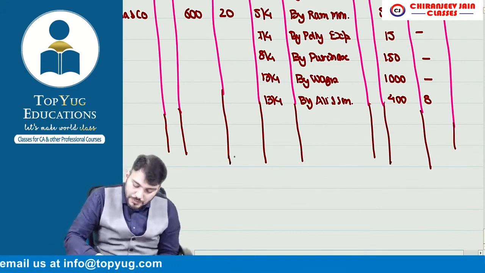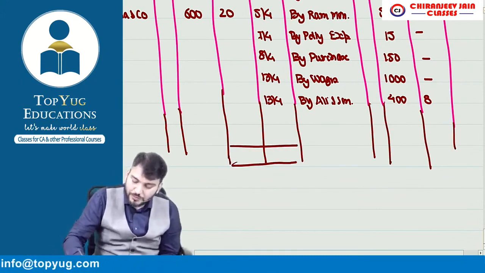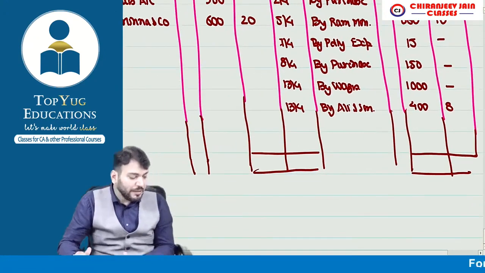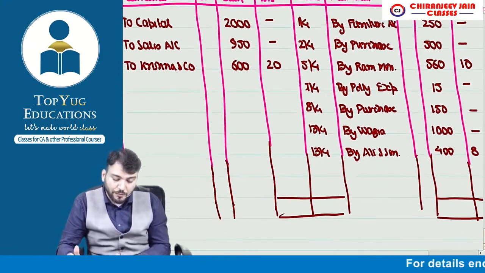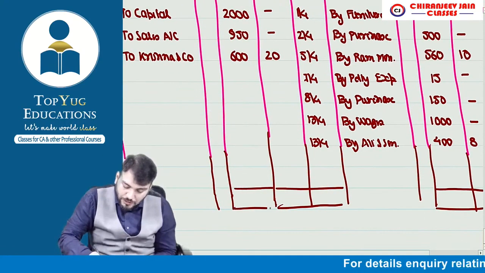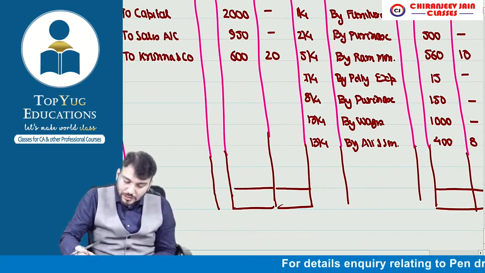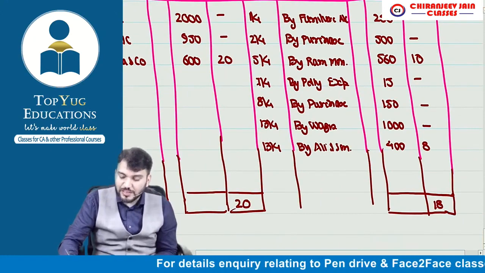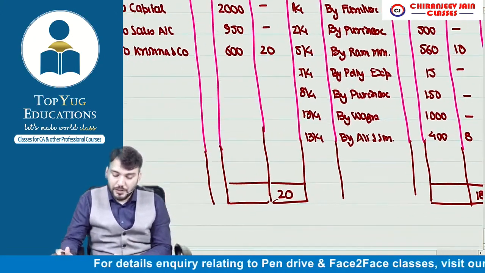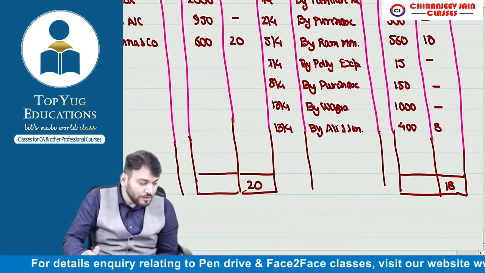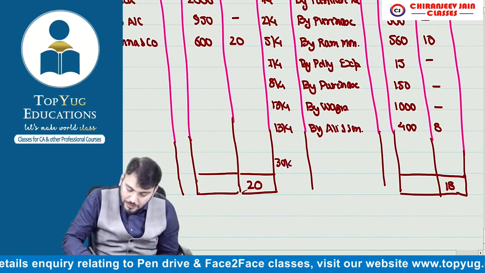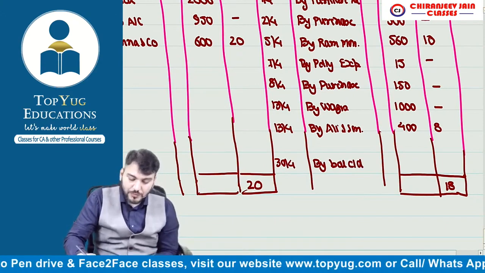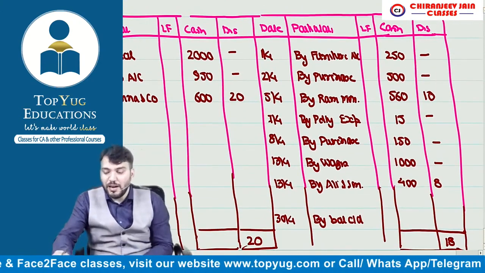Now we'll do balancing for the cash column and totaling for which column? The discount column. Did you understand this? Can you give me the total of discount? This is 20 here and this is 18, so you can see this will not be balanced, but we'll find out the balance of cash on 30th April. So by balance carried down, of course receipts will be more than payments.